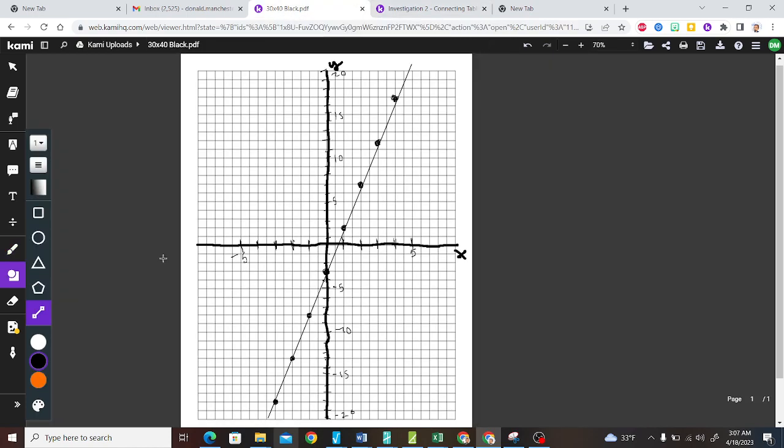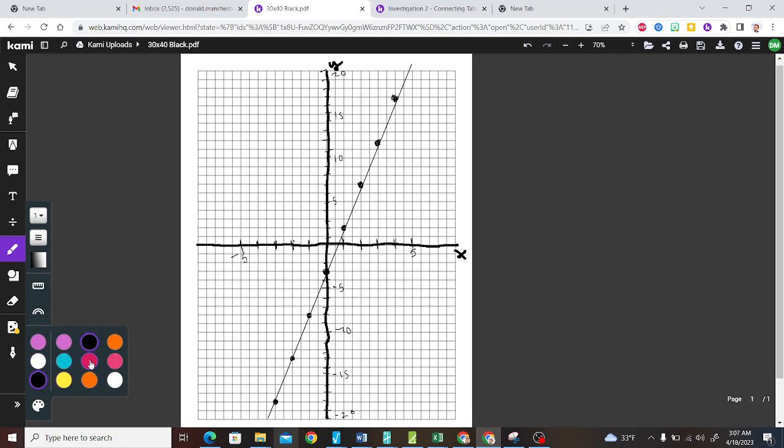So I'm going to change color just because I can. -5 and 11, that's right there. -4 and 10, -3 and 9, -2 and 8, -1 and 7, 0 and 6, 1 and 5, 2 and 4, 3 and 3, 4 and 2, 5 and 1. There we go.